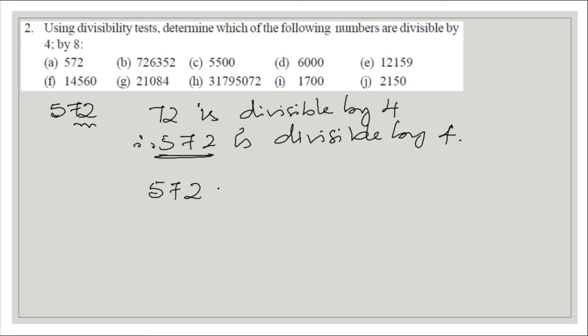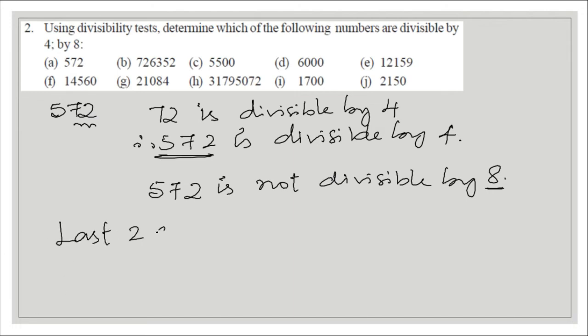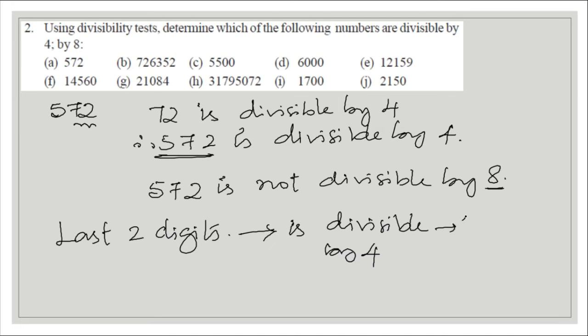572 is not divisible by 8. You have to remember the rule. Last two digits, if you consider, if the number is divisible by 4, then the given number is divisible by 4.